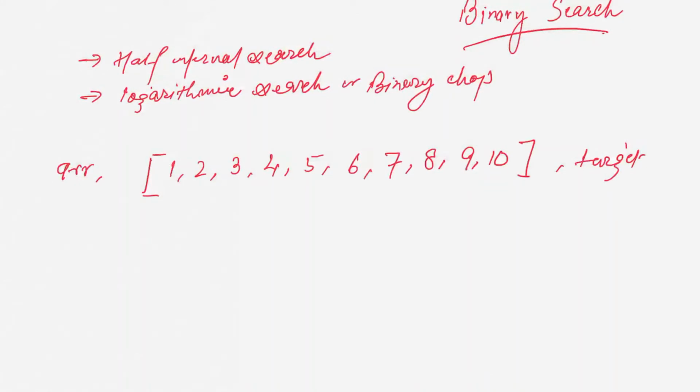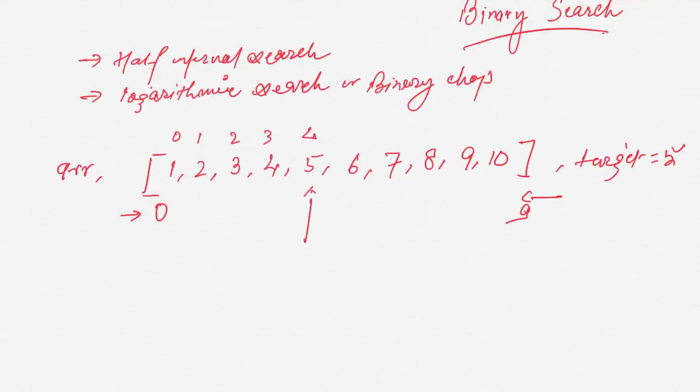So what does it do in binary search? As already discussed, binary search compares the target value to the middle element of the array. Suppose I'm searching for 5, so it compares 5 to the middle element of the array. What is going to be the middle element? Suppose the left index is 0 and the right index is 9. Somewhere we need to calculate the mid, and the indexes are 0, 1, 2, 3, 4.